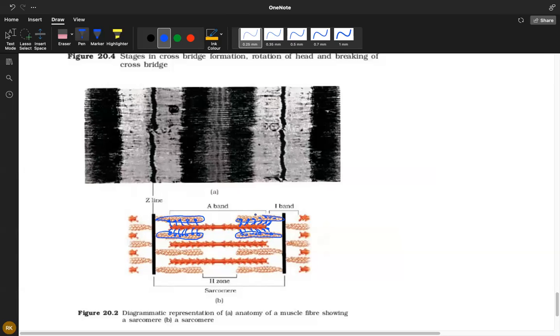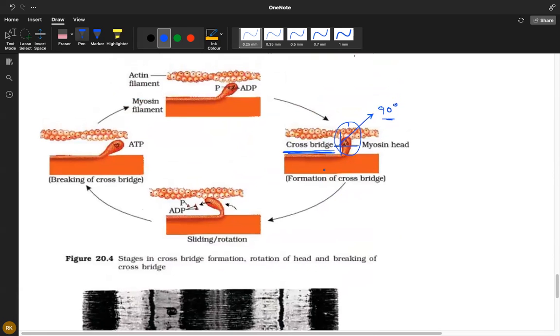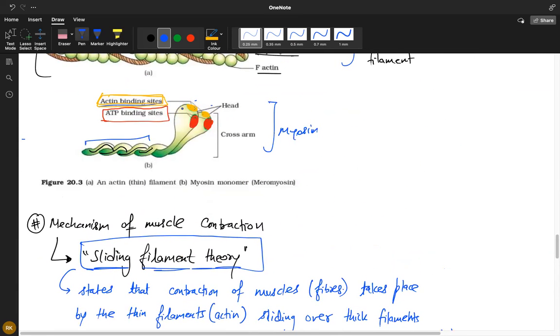Now this is the starting of our muscle movement. Let's say this is step 1, position 1. From position 1 we go to position 2, where the sliding or the rotation happens. The myosin head rotates, moves towards its tail region. That's called the rotation of the myosin head.